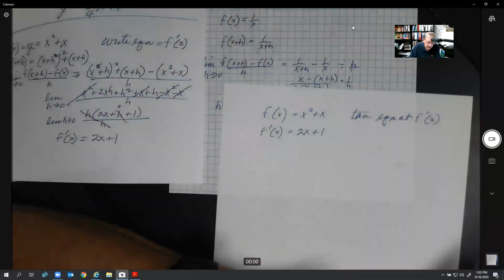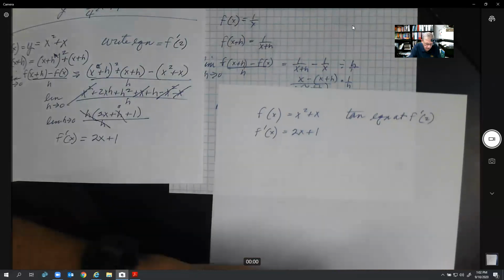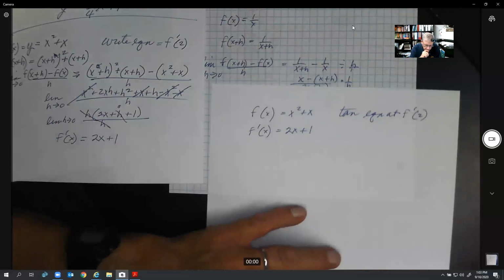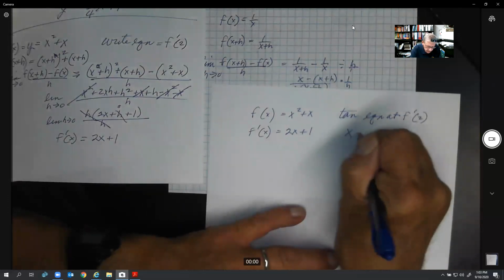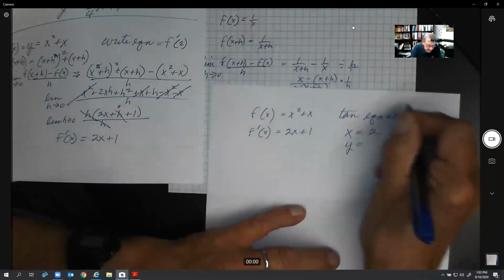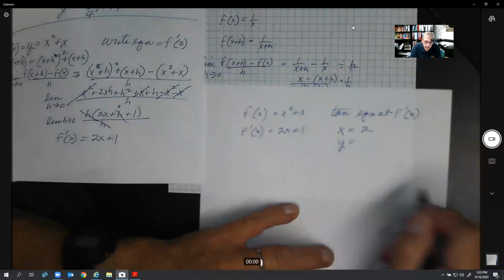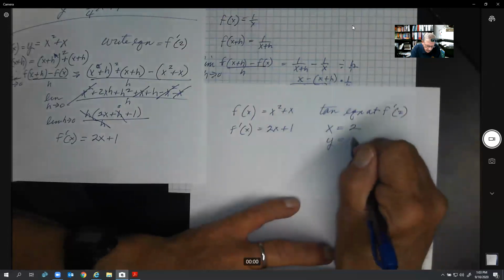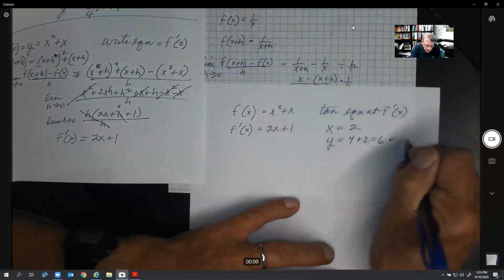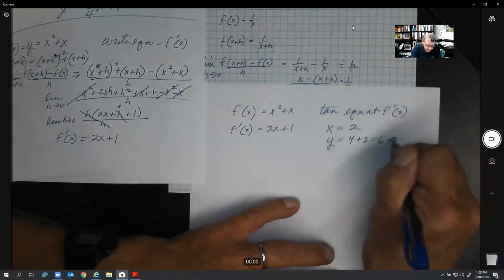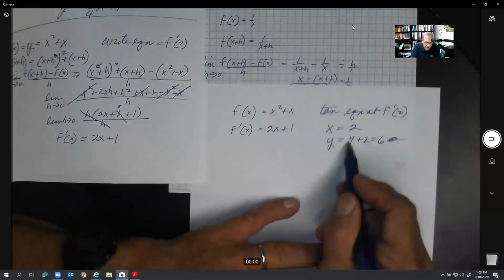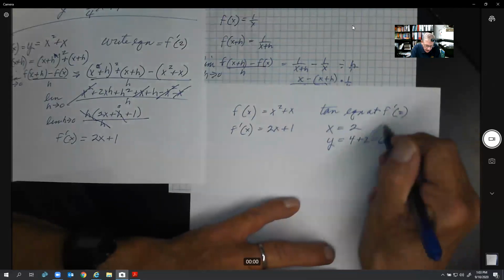We could have used any; I just made that up, 2. So how are we going to do this? Number one, we know x is 2. Got to find y. Put this 2 back into the original problem: 2 squared is 4, plus 2 is 6. So now we know y.